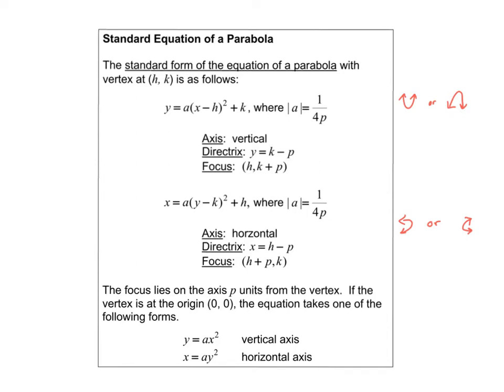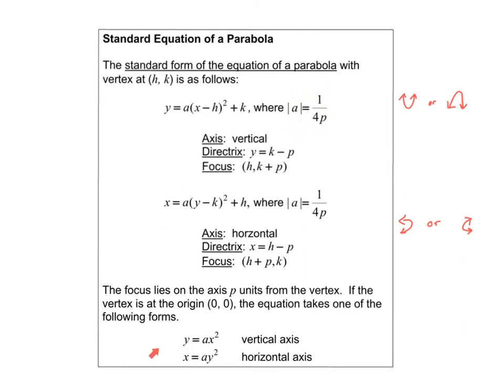Now in both cases, we have this relationship between the number that's out in front and the fraction 1 over 4p. P is an important distance. It's going to tell me how far the vertex is from both the focus and the directrix. So we're going to look at this a little bit closer in our first example.